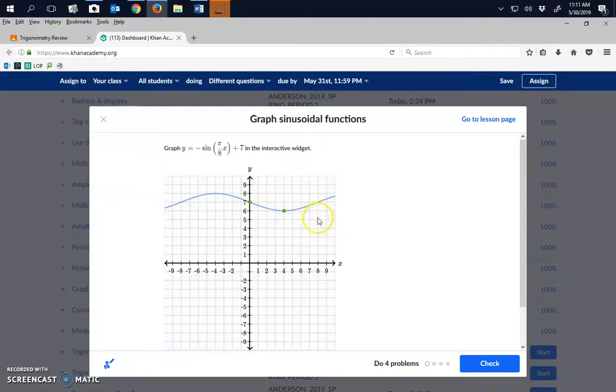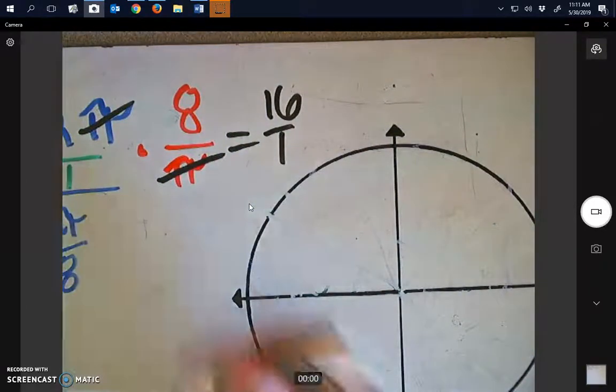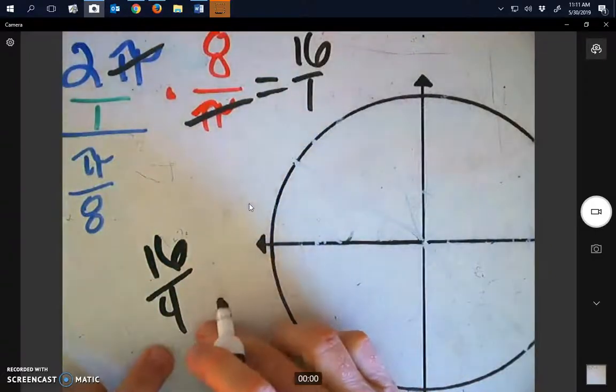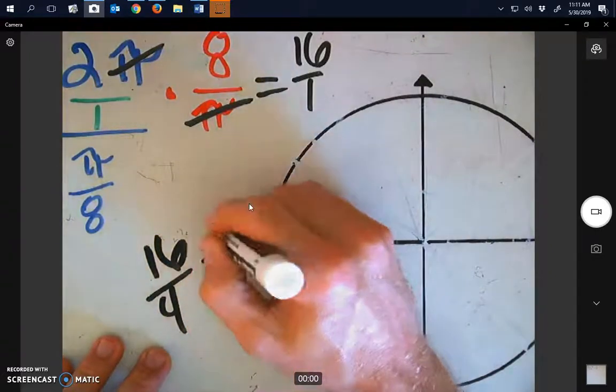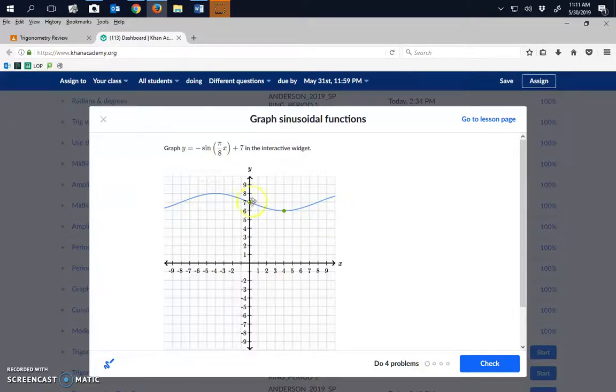Or the better way to do it is, because we only have control over a quarter of our graph, I come back to our period, which is 16, and divide it by 4, because we have control over 1/4 of our graph. So we get 4, which means I'm going to move this plot out to 4. And we're done. Okay, next question.